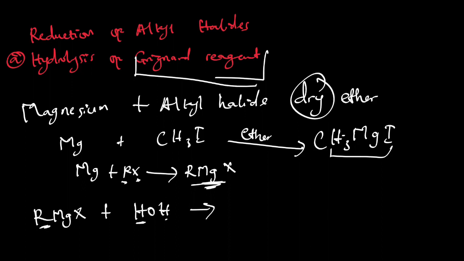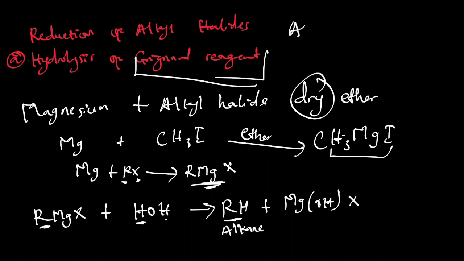So this R will have to react with one of these hydrogens. Let me pick this one. So it will form RH plus MgOH, right? What's left? X. So this is an alkane. Is that not true? This is an alkane.